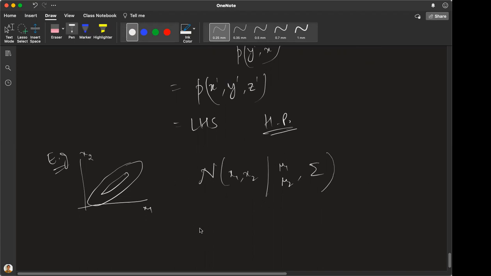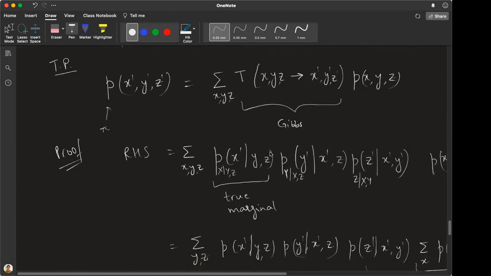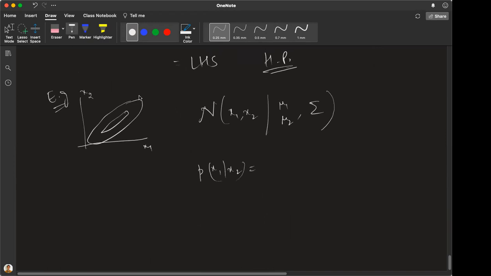P of x1 given x2 will be some distribution which you can obtain from this normal distribution. It turns out that this should also be a normal distribution. Then you follow this procedure and obtain samples, and it will turn out that these samples follow this distribution.